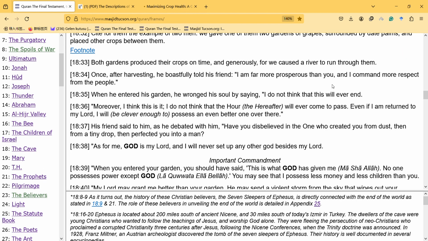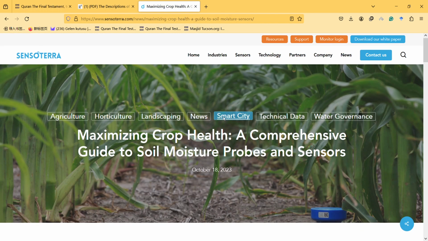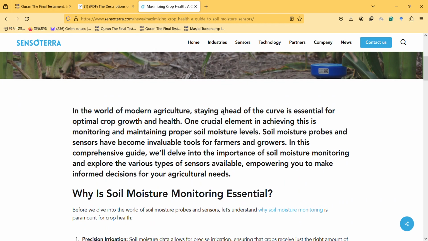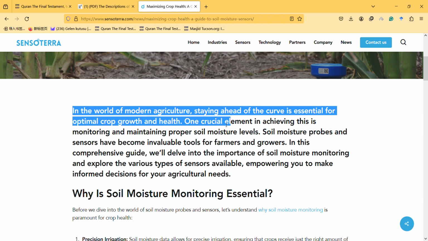So how is irrigation related to the time crops produce on time? I don't have the knowledge, so it's my first time checking this information, and let's see if we can find it.